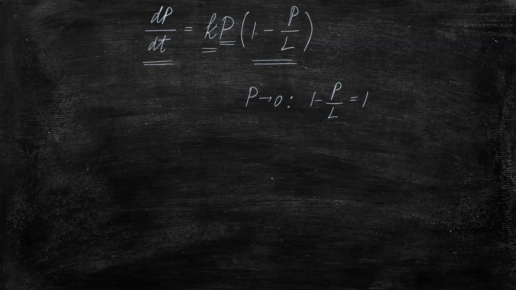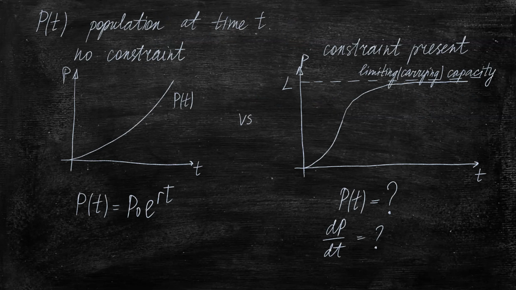And around P equals 0, we have the rate of change being very similar to the one without any constraints, which is kind of what we described earlier. So when you are far away from the limiting capacity, you are really not concerned about the capacity, so your behavior should be very similar to that of unlimited growth.